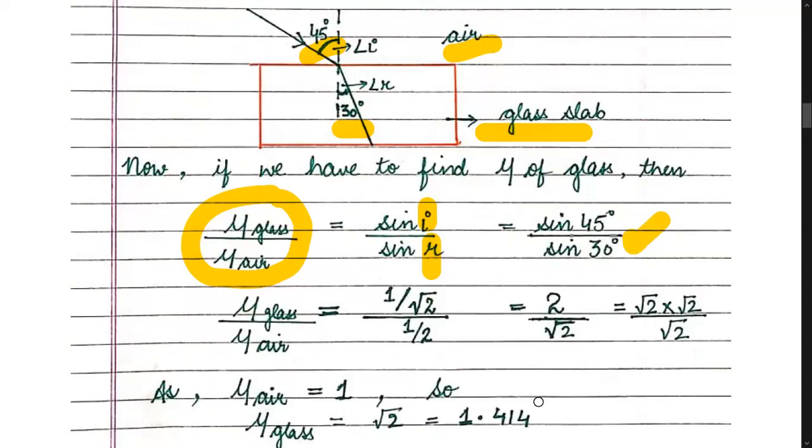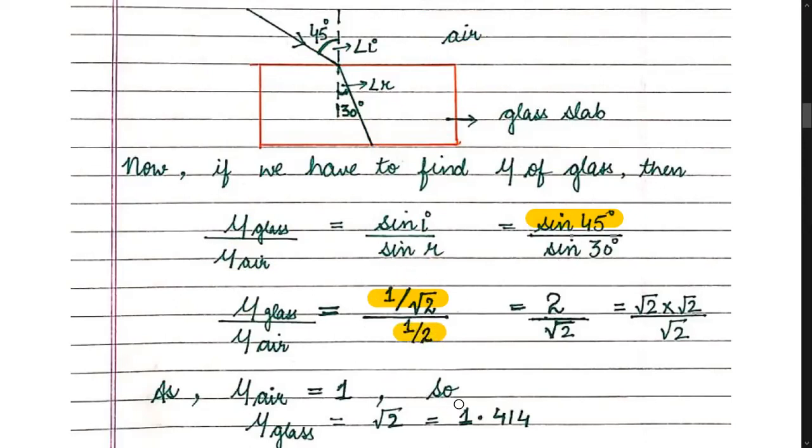Now students, as done in mathematics, the value of sine 45 degrees is 1 divided by square root of 2, and sine 30 is half.